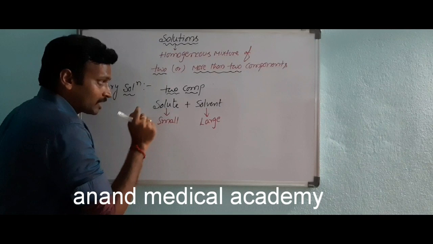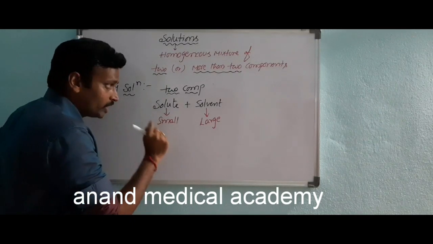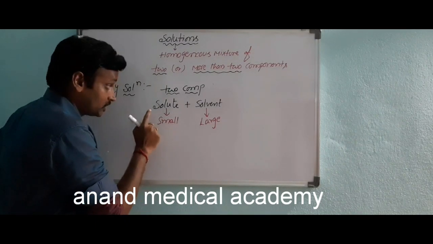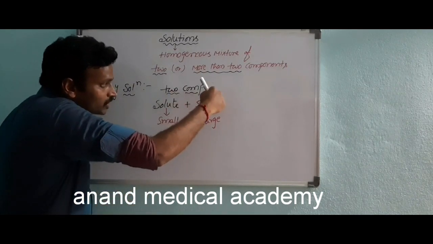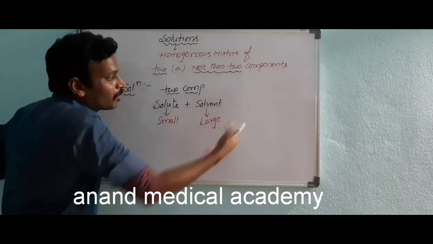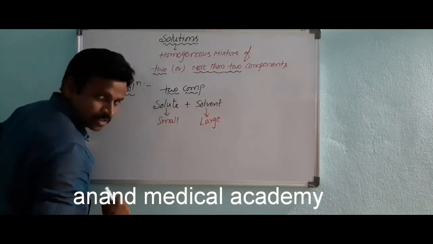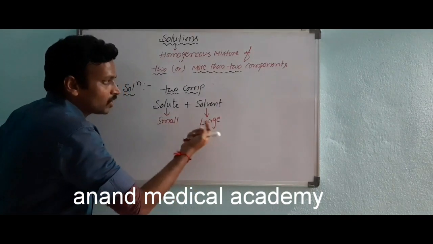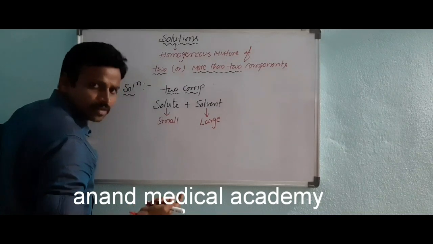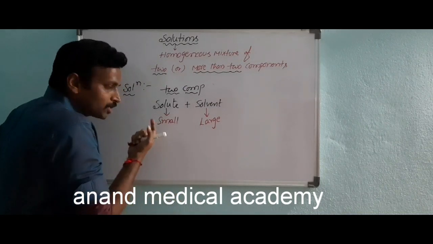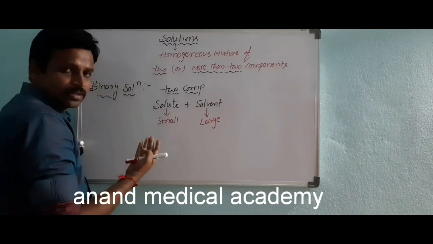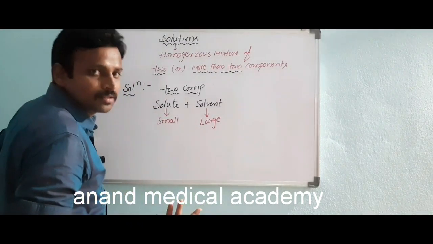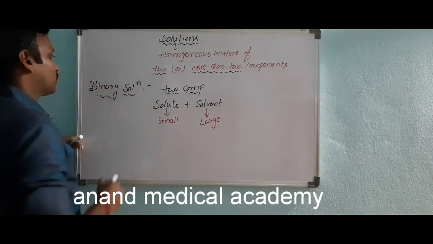The solute is generally the small quantity which is going to dissolve in another component, that is called the solvent. Suppose NaCl or sugar dissolved in water. Sugar is the solute, water is the solvent. That's it, it's very simple.